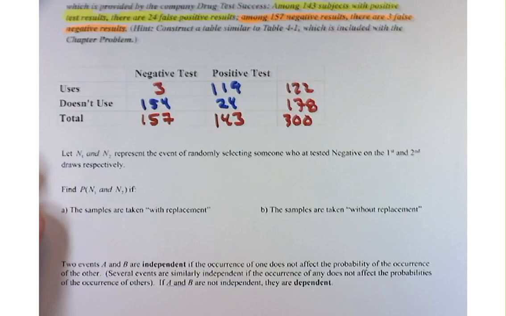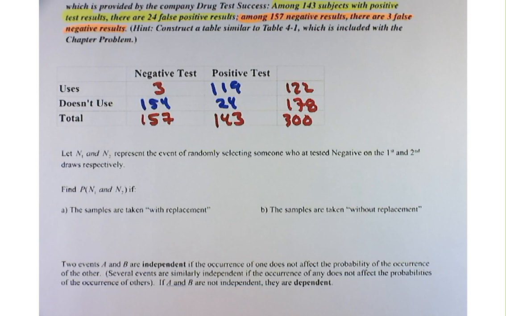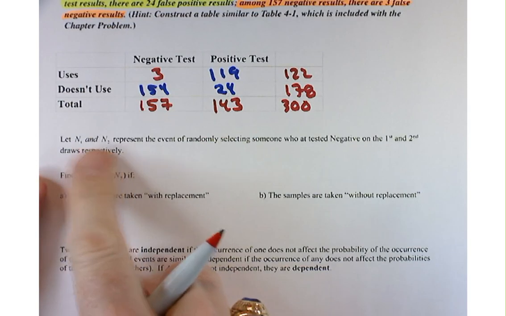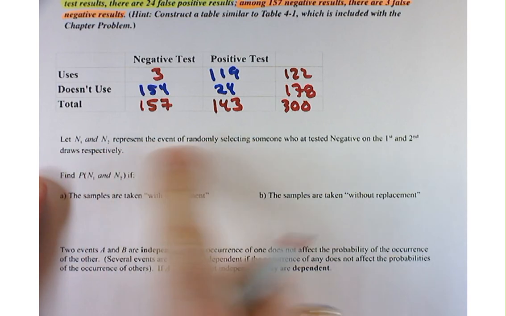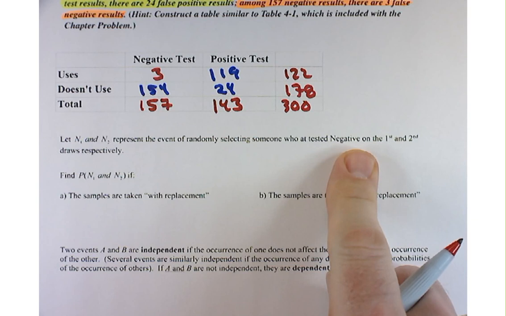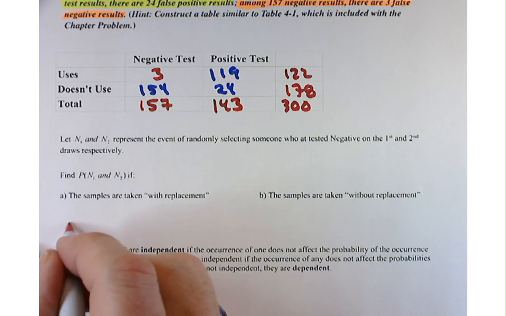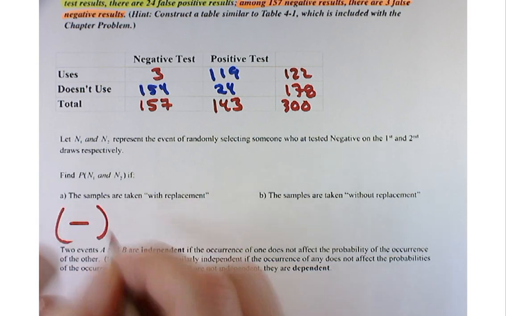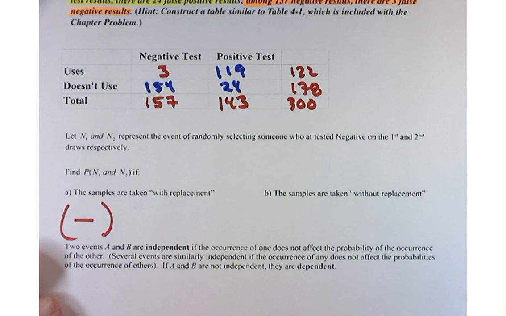We're going to repeat the same kind of calculation we did just a moment ago. That is, let N1 and N2 represent the event of randomly selecting somebody who tested negative on the first and second draws respectively. So let's start out with that first probability.